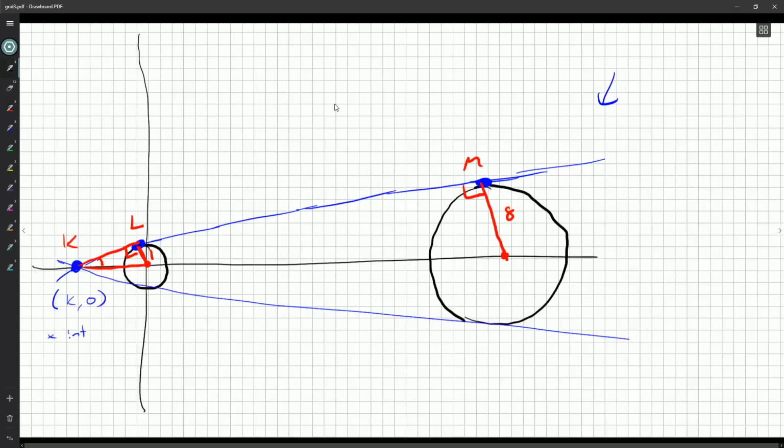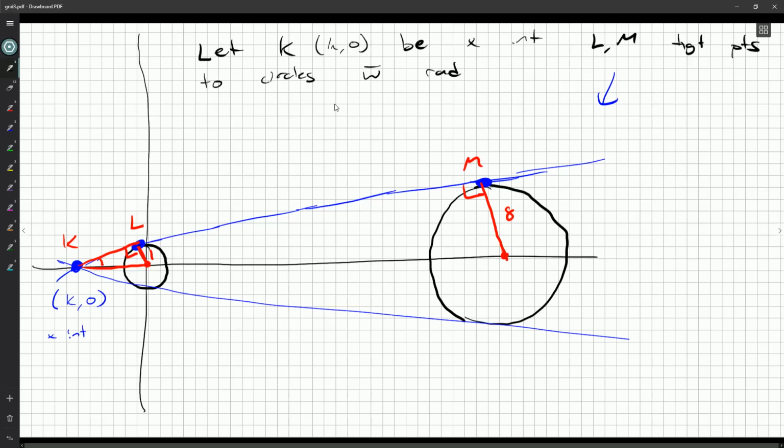In fact, let's write some of this down. So let K at (k, 0) be the x-intercept, L, M tangent points, two circles with radius 1 and 8 respectively.